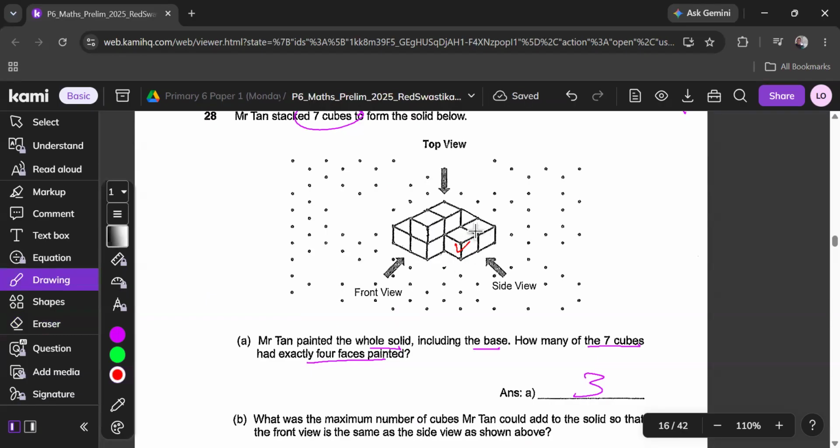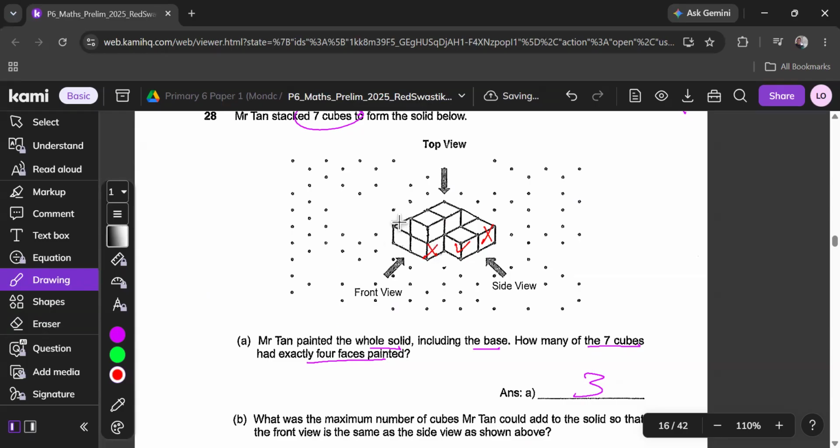How about this cube here? Top, right, left, behind, and bottom. This is five faces painted, so this one is out. All right, let's move up. How about this cube at the table at the bottom? Right, front, and bottom. Only three faces painted, so this one is out.